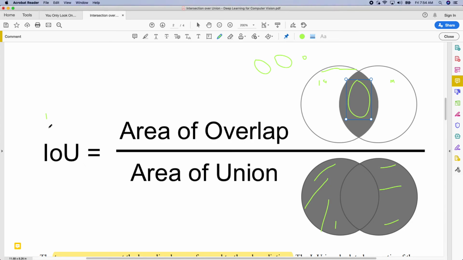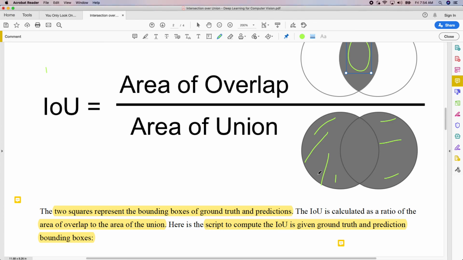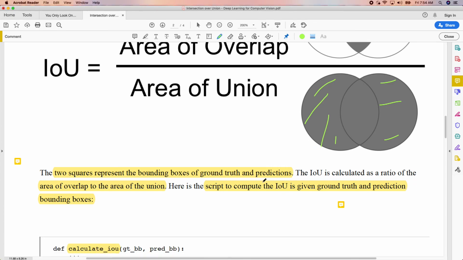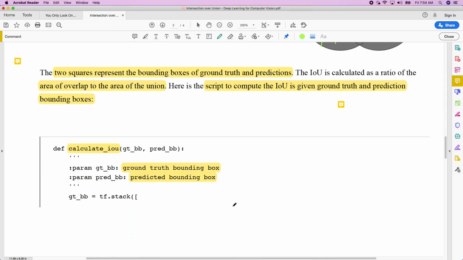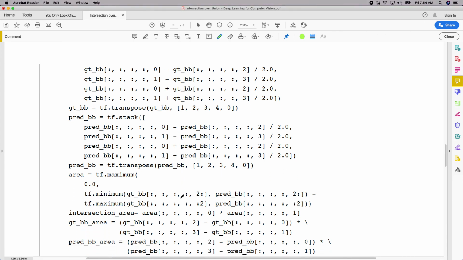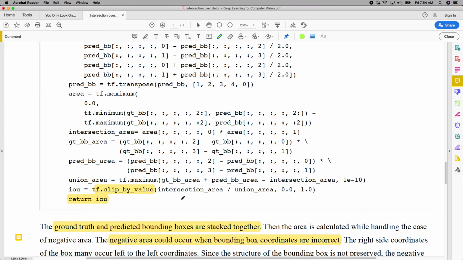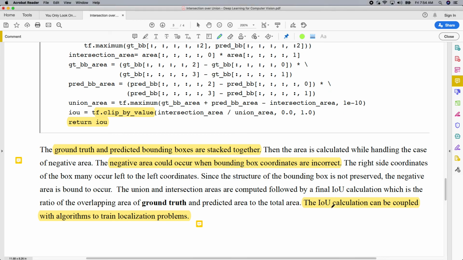You want your model to approach 1. That's just the concept behind it. There's also a script here in Python to generate that. Essentially, that is what the intersection over union is saying.